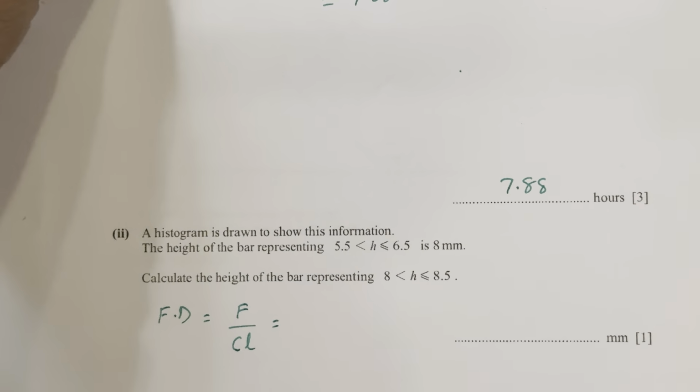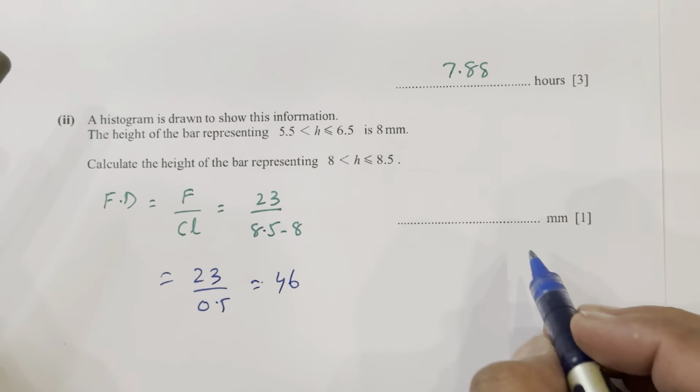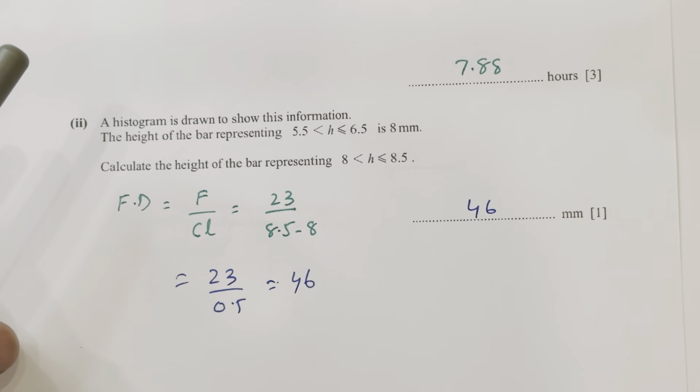We can see from the table 8 to 8.5, that is 23, and the class interval is 8.5 minus 8. So after getting 23 by 0.5, we get the answer that is equal to 46. So our answer for this part is 46 millimeters.